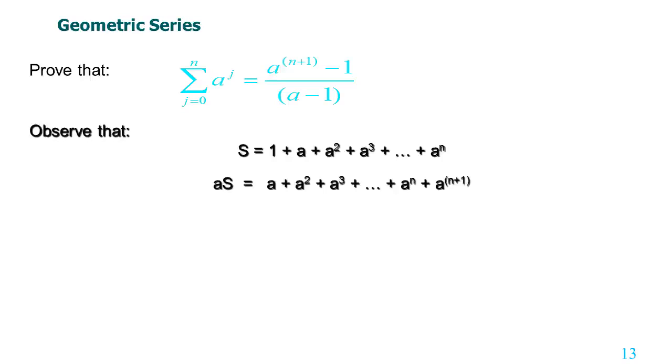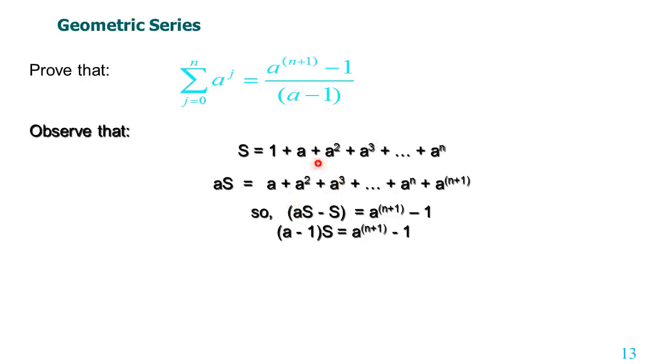Now we multiply the geometric series by a on both the left hand side and the right hand side, and we get the expression as equal to a plus a square plus a cube plus ... plus a to the power n plus 1. Next, we subtract the first expression from the second expression, and we get as minus s on the LHS. On the RHS all the terms will cancel: a and a, a square and a square, a cube and a cube.